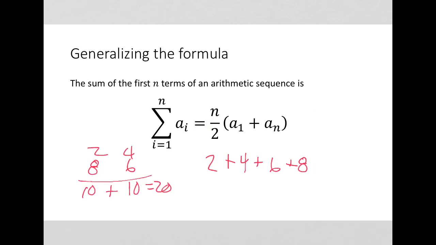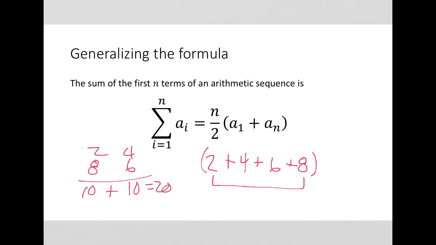Add them up yourself, you'll also get 20. But again, the 10 is coming from the first term plus the last term. And if you think about how many of those 10s we have, 2 coming from the total number of terms, 4 divided by 2. So 2 times 10 gets us 20. Add them all up, you also get 20, and there you have it.